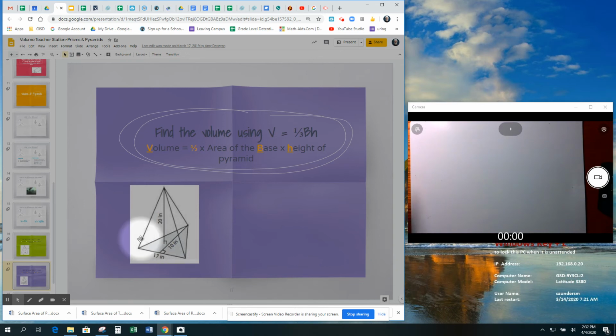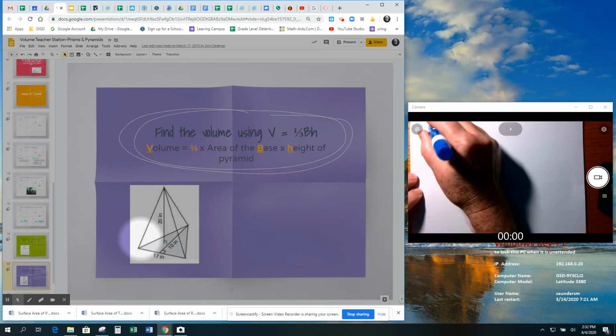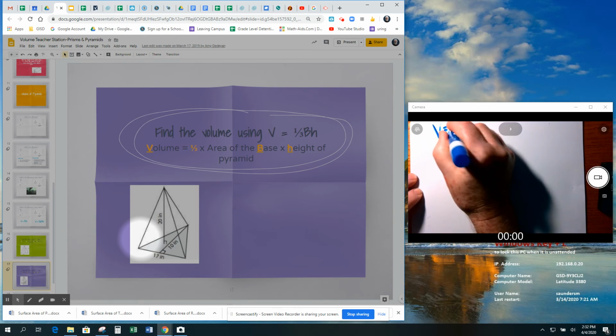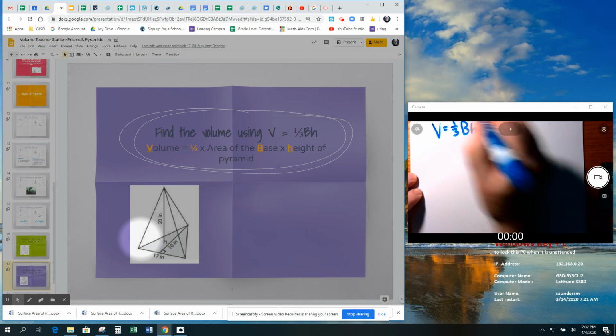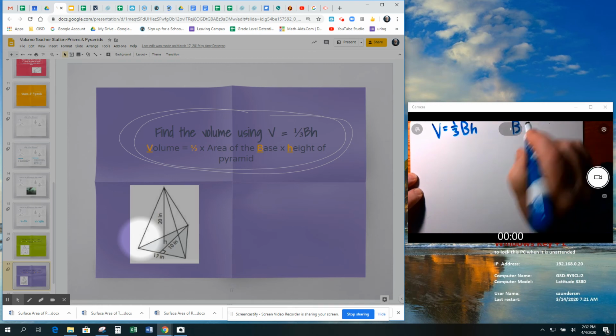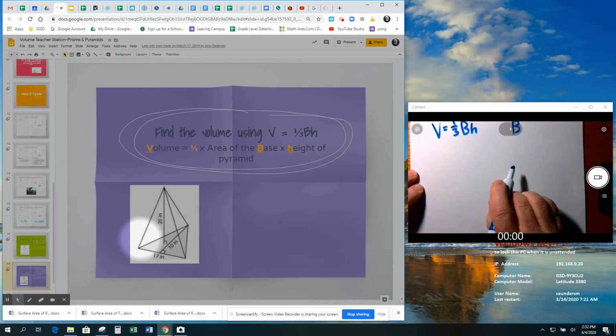And the area of a triangle, so remember, volume of a pyramid is 1/3 big BH. Big B of this pyramid is a triangle.